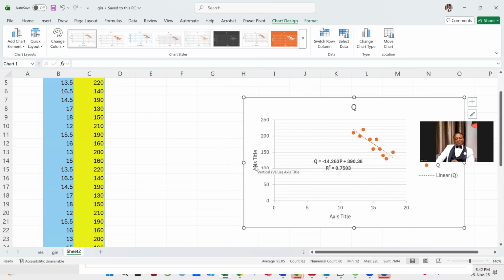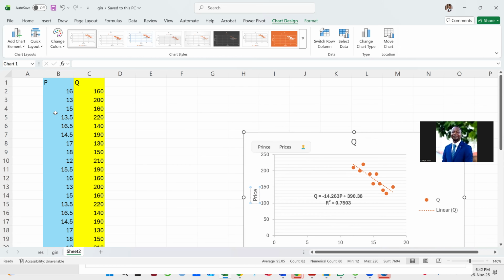So who can tell me this axis, the vertical axis? Who can tell me what this vertical axis is? Which axis is that? Yeah, question. Quantity demanded. You see, when you look at the graph here, the one that came first, that's the price.